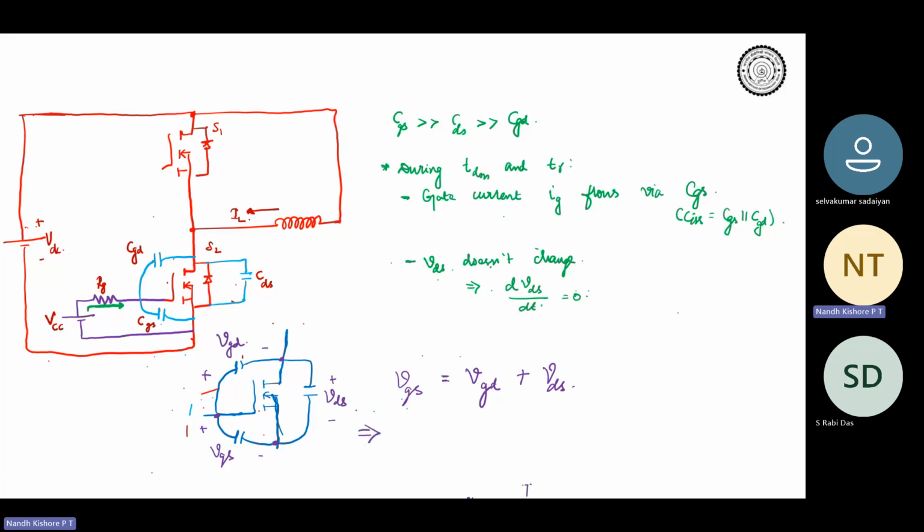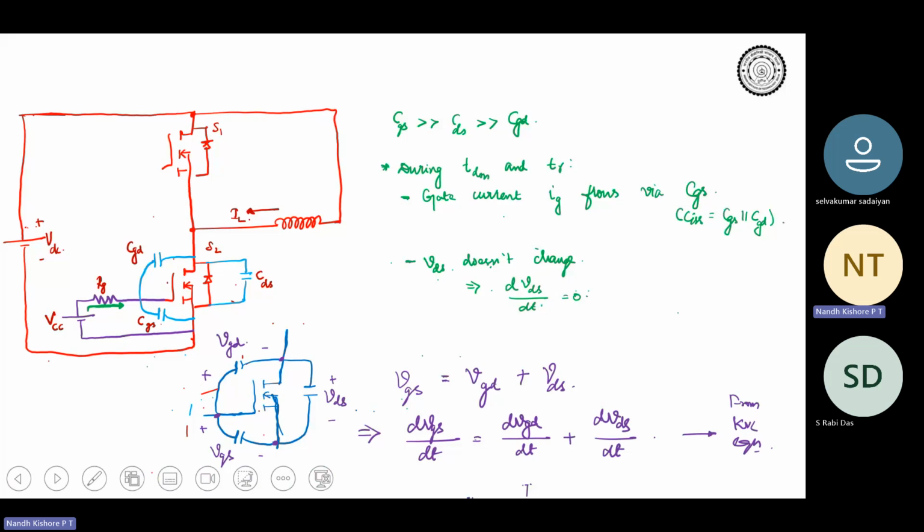So if I differentiate it with respect to time, you know that dVGS over dt is equal to dVGD over dt plus dVDS over dt. Correct? So this is kind of the KVL equation. Correct?